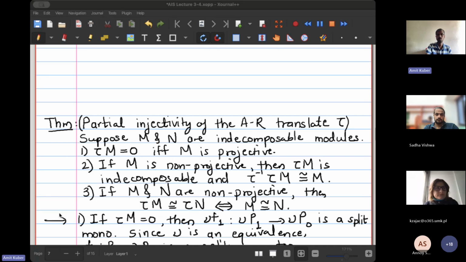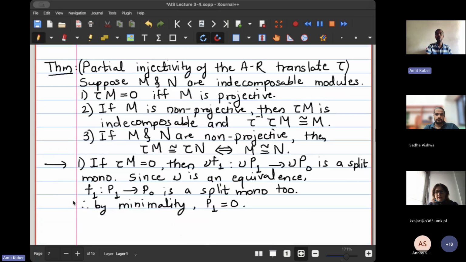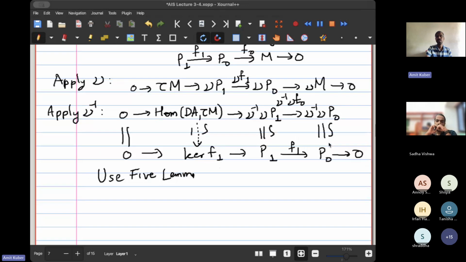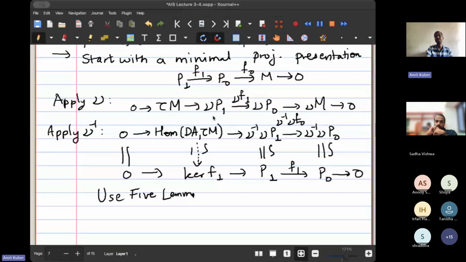Okay, so let us try to prove the first one. If tau M is 0, then nu F1 from nu P1 to nu P0 is a split map. Do you agree with this? Yeah, I mean, if tau M is 0, then this is a map between two injective modules and it is an injective map.